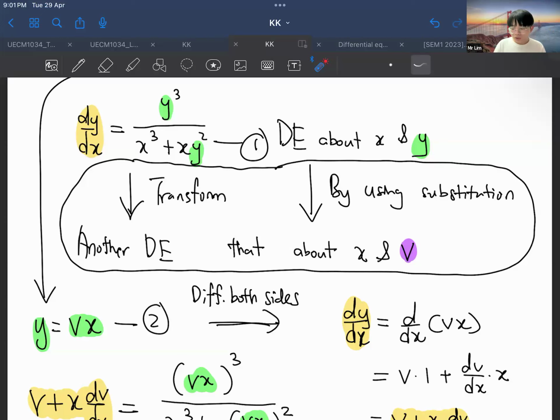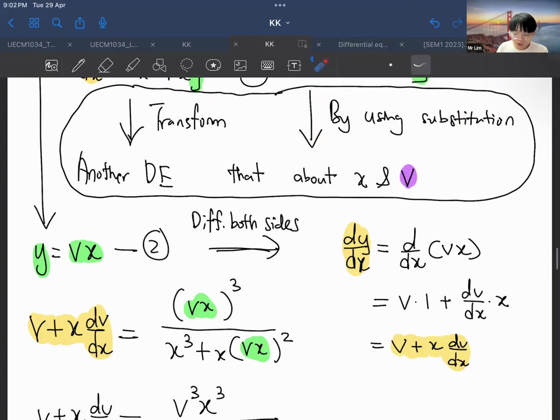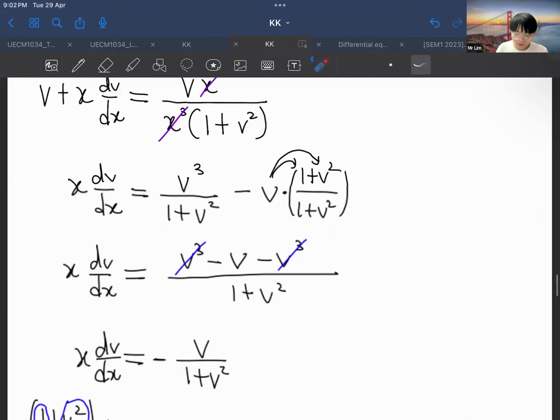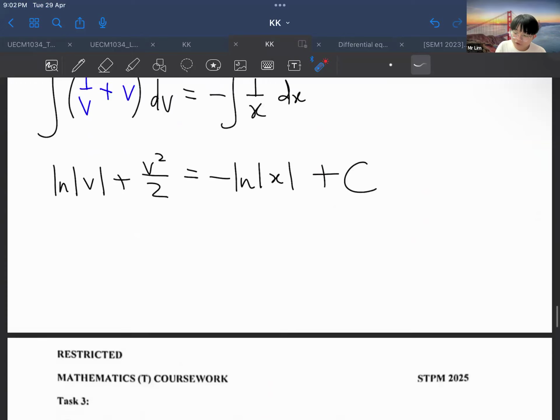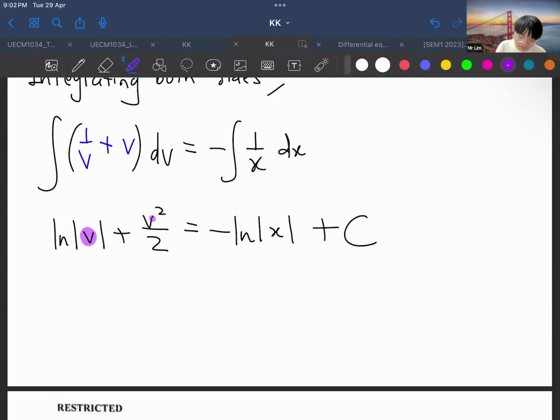So I change using substitution. So later, after solving, I change back to x and y. That's basically what we do lah. So don't forget to change back into x and y. So from where do you know you want to change back to x and y? You see here you have v. If you don't wish to see v, so what is your v?